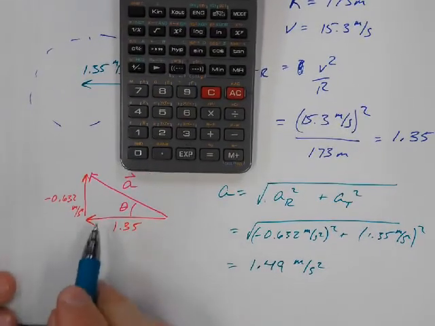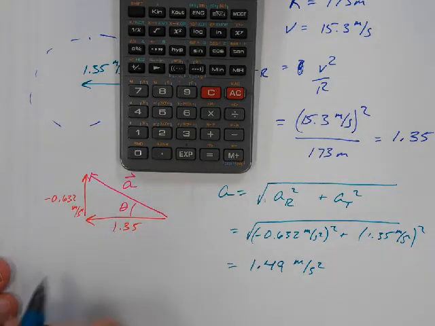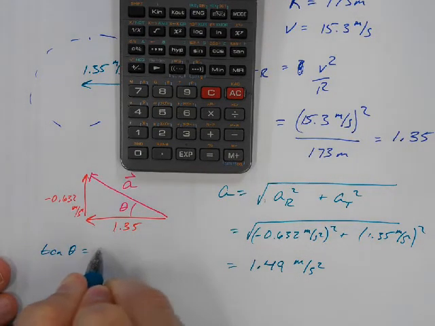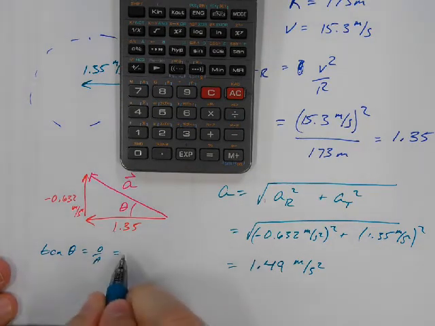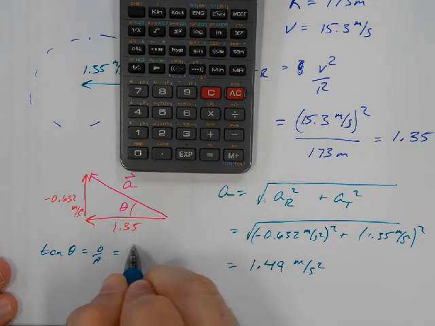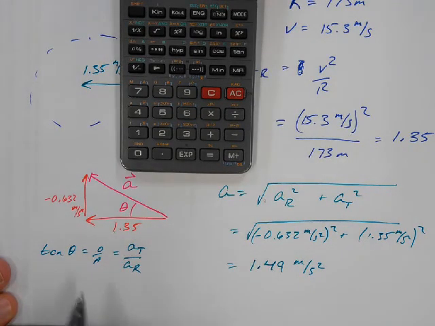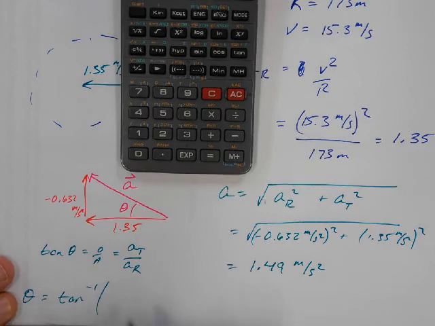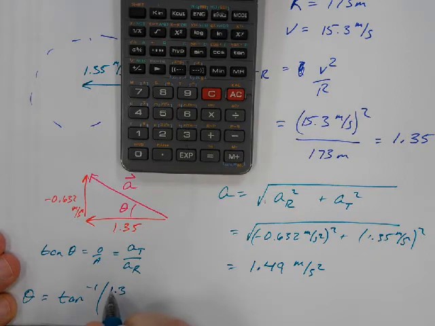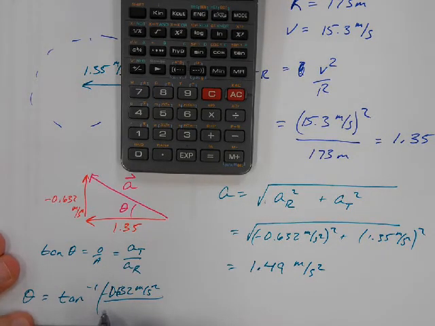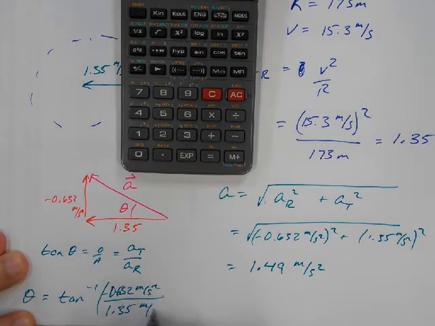And then finally, we got to get this angle, and the angle comes from tangent theta is opposite over adjacent, which in this case is tangential acceleration over the radial acceleration. And so we can find that theta is inverse tan, and then we can put in 0.632 meters per second squared with a minus sign over 1.35 meters per second squared.